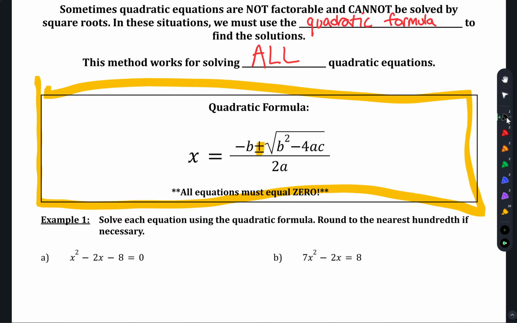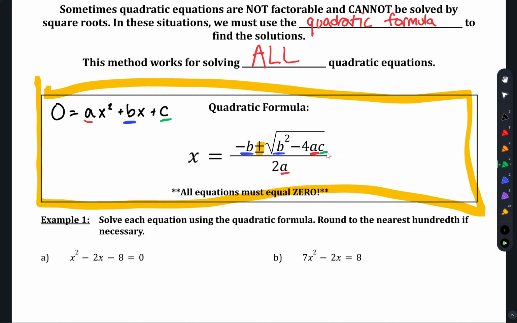Well, if we think about an equation in standard form, 0 equals ax squared plus bx plus c. Then those a, b, and c values, a, that's where these a's come from. B, that's where these b's come from. And then c, that's where that c comes from.